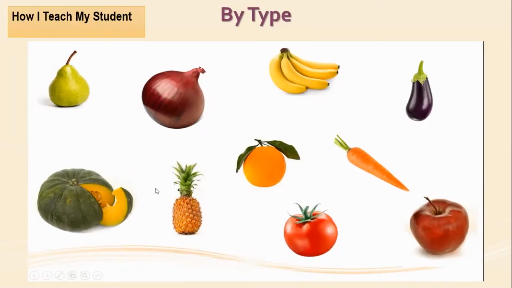What is this? This is a pineapple. It is orange color. What is this? This is a tomato. It is in red color. What is this? This is an apple.